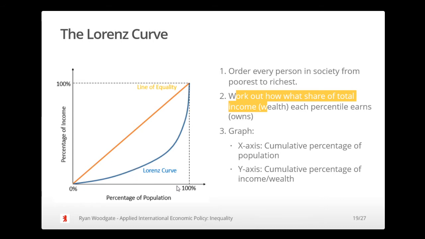And then as you get further to the right, we expect this curve to get much steeper, as a lot of income is basically captured by the top of the income earners. So the Lorenz curve graphically depicts the distribution and how far it deviates from total equality.